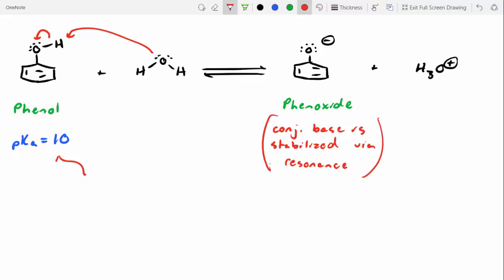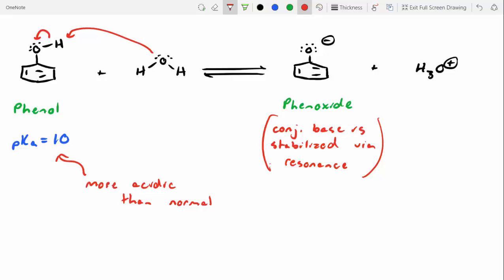Which makes this more acidic. There are actually a handful of phenol derivatives where they use both resonance and inductive withdrawing features, and you can get some relatively acidic alcohols by adding on these stabilizing features onto your conjugate base.